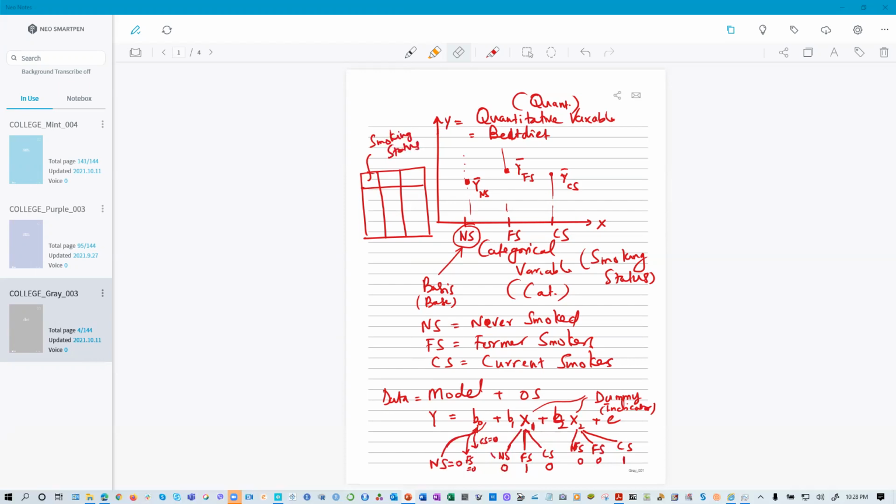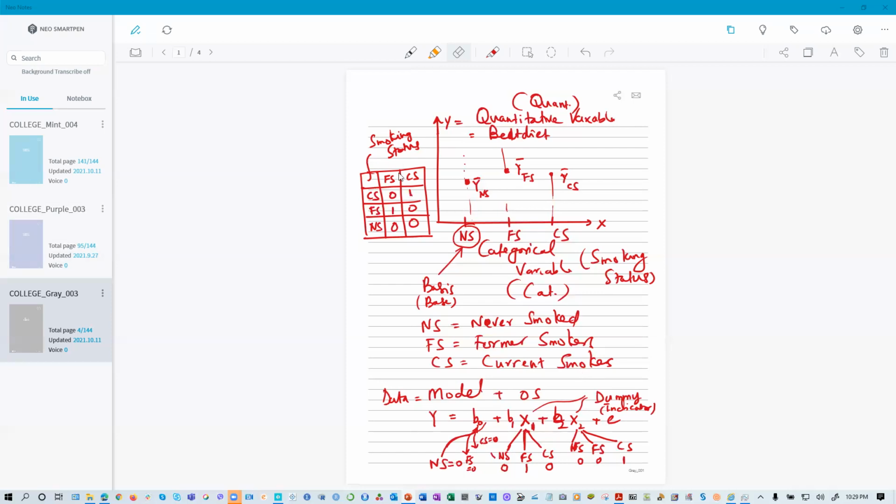I need for former smokers and current smokers, and the options: never smoked 0, 0, and former smokers 1, 0, current smokers the same thing. That's why I put it this way, 0, 1, 0.